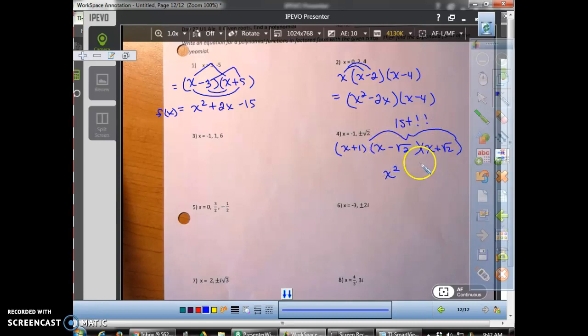My outer is x square roots of 2. My inner is a negative x square roots of 2. So those cancel. So I don't even need to multiply those. And then the last is a negative square root of 2 times a positive square root of 2, which is actually just a negative. Square root of 2 times square root of 2 is 2. So this is a factor. And then you multiply by x plus 1. And I'll let y'all finish that off.